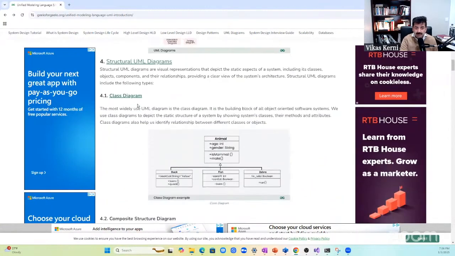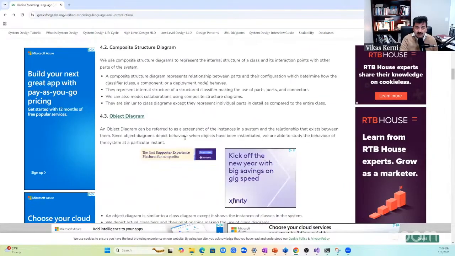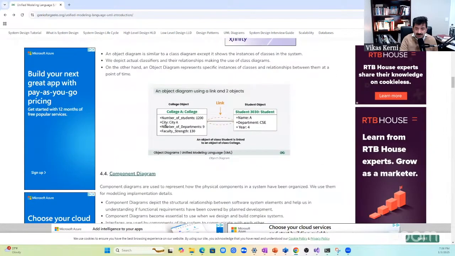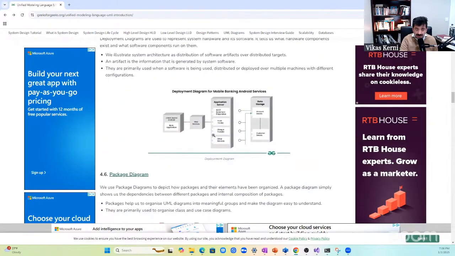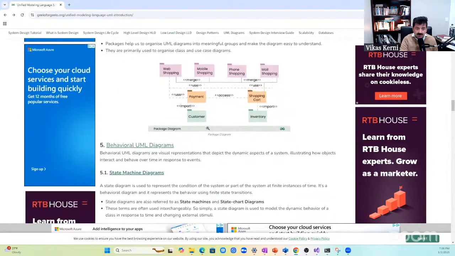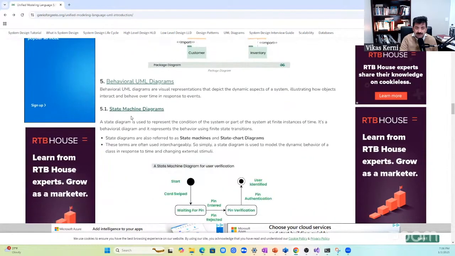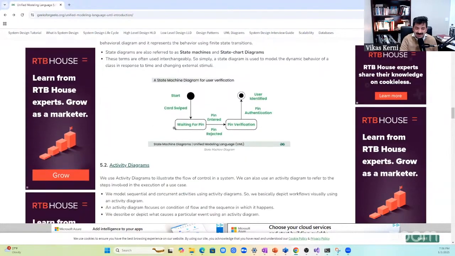You can have a class diagram, which is a static view, more of a structural view of the system. Then you can have an object diagram, which I have never used. You can have component deployment diagram, packages diagram. And then you have behavioral diagrams. You have state machine diagrams, again, which I have never used in my career.